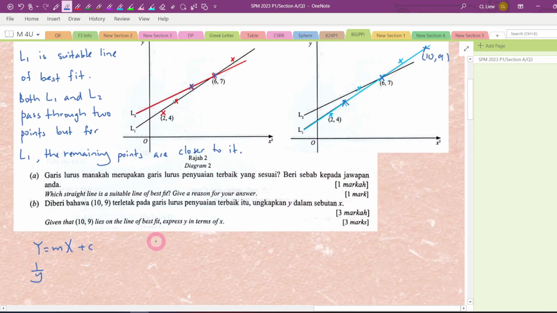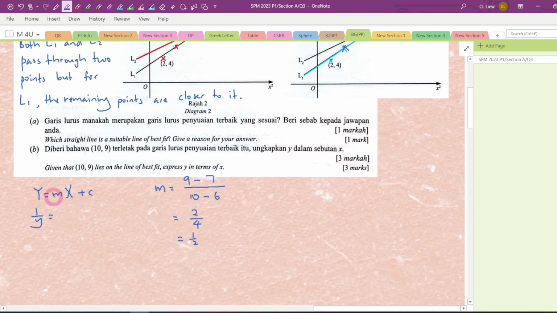Just use the formula for the gradient of a straight line, y2 minus y1 over x2 minus x1. So this will give us 2 over 4, which is equal to 1 over 2.